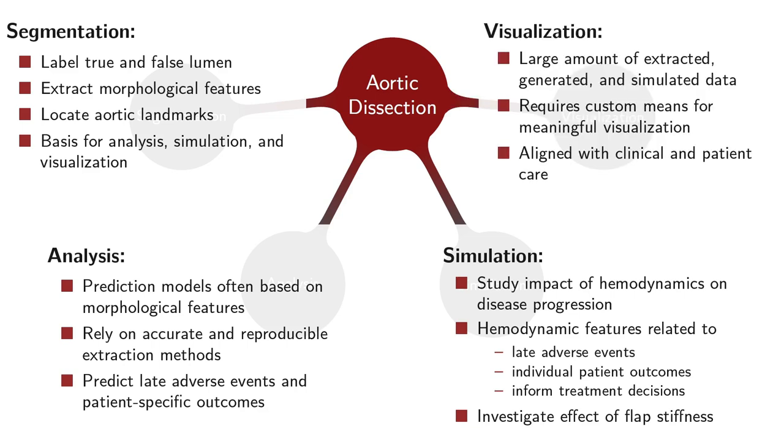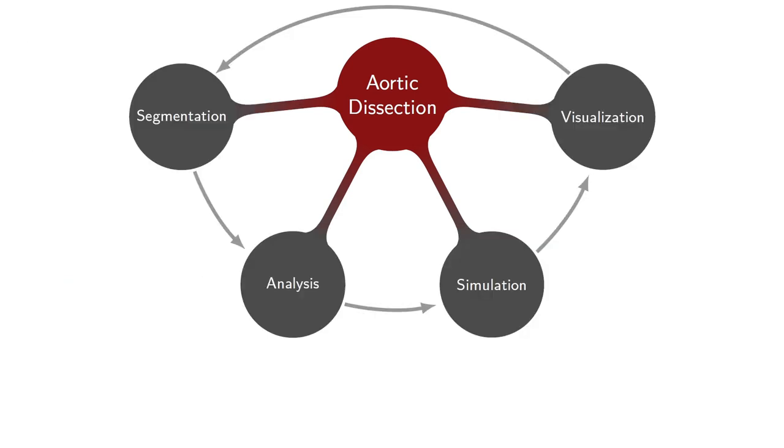The large amount of extracted, generated, and simulated data needs to be visualized in a meaningful way. This requires custom means, especially if the intention is to make this data accessible to clinical and patient care. This transdisciplinary process towards a comprehensive understanding of aortic dissection is often not a straightforward process, but an iterative one.